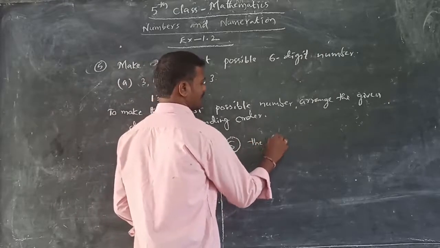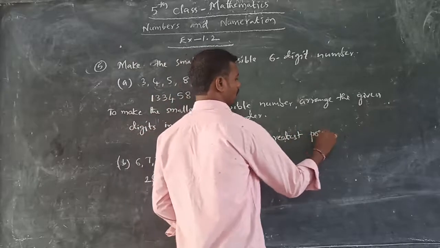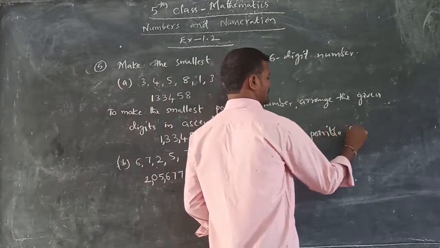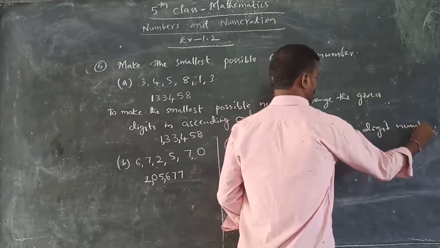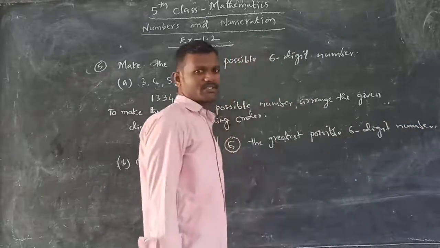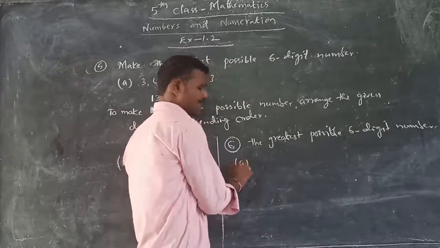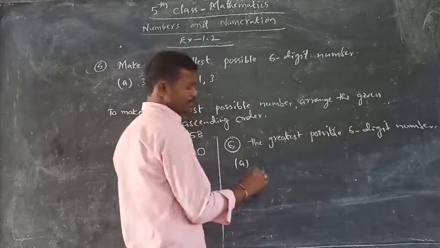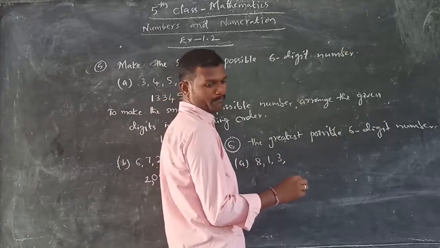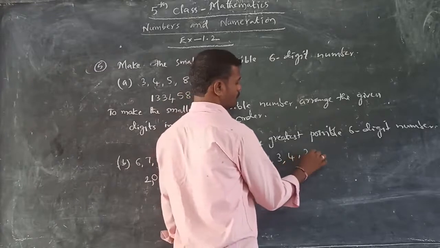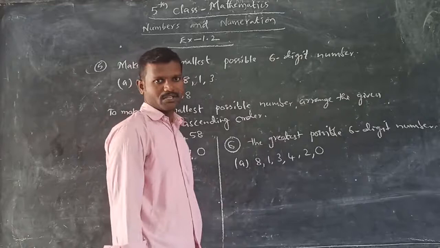The greatest possible 6 digit number. What are the digits given in A? 8, 1, 3, 4, 2, 0. These are the digits given in the problem.